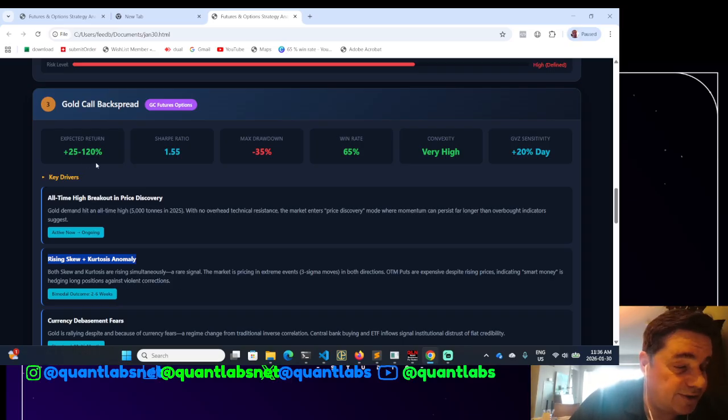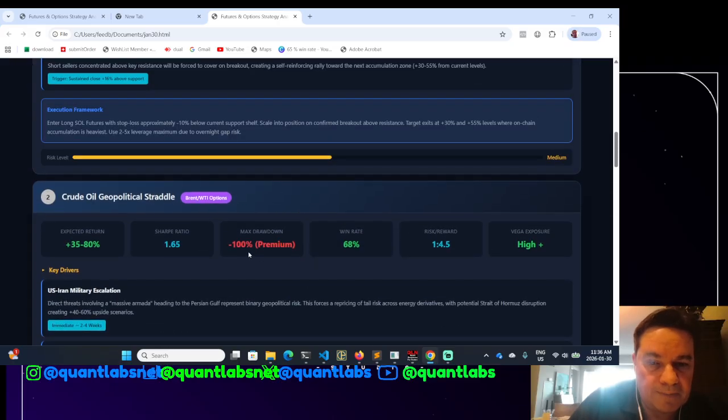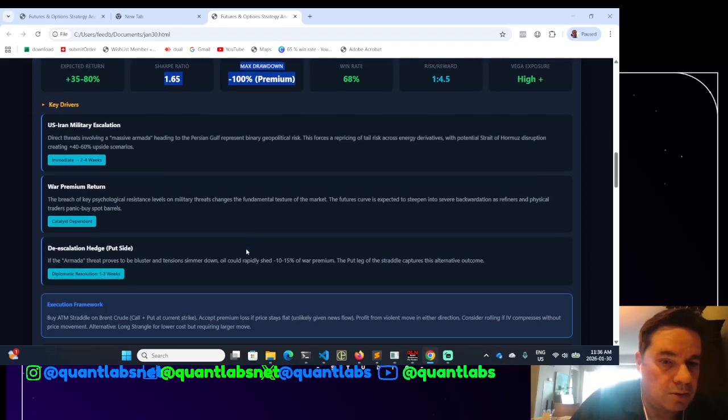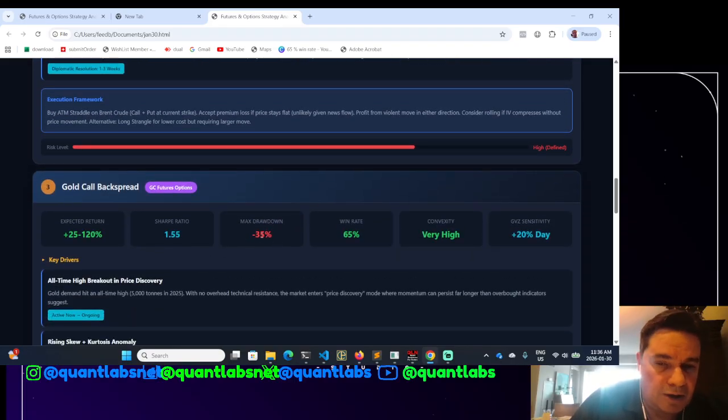So here's the expected return. It sounds like it's a 25% expected return with a pretty strong Sharpe ratio of 1.55. Max drawdown, okay, negative 35%. So here we could have the max drawdown on the crude oil. Okay. So that drawdown is considerably high if you want to be aggressive in trading.